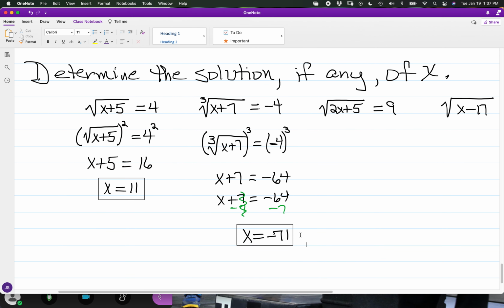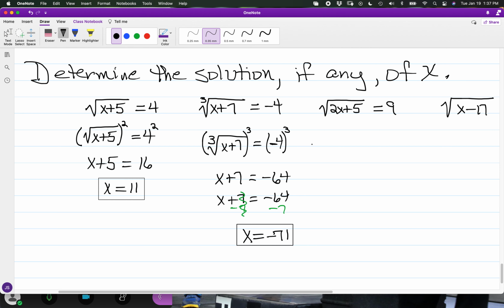All right, and with the next item, you have the square root of 2x plus 5 is equal to 9. So you have an even root radical expression, and 9 is non-negative, so we can have a solution. And again, just like with x plus 5 earlier, I'm going to free up 2x plus 5 from the square root upon squaring both sides.